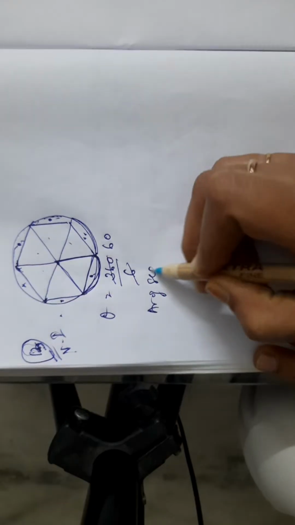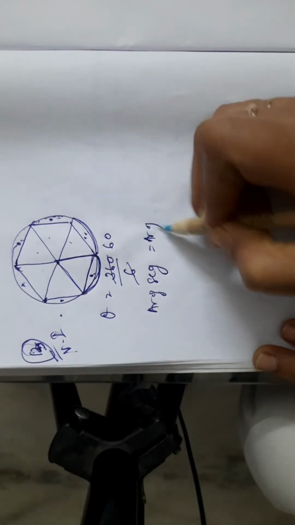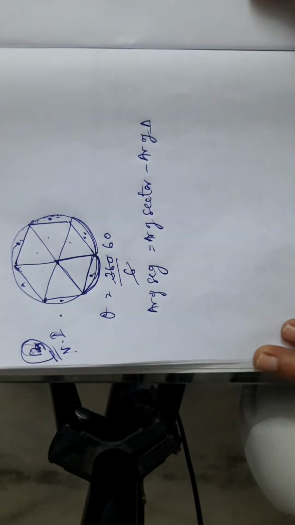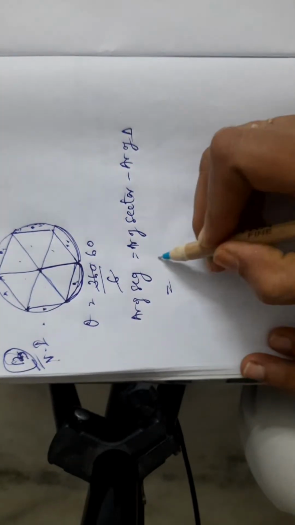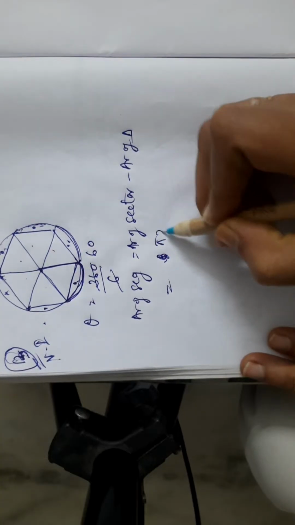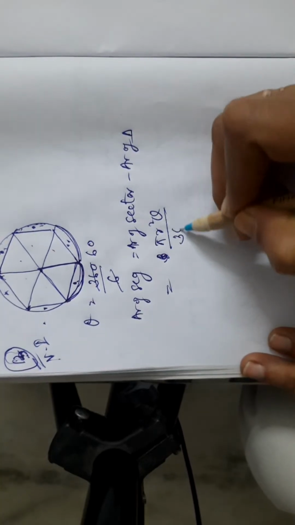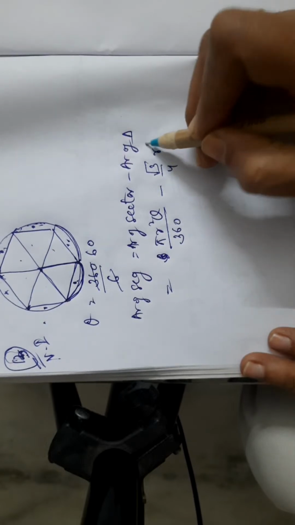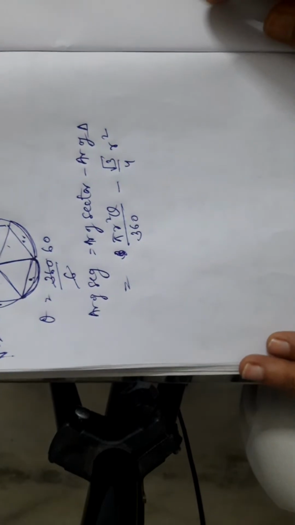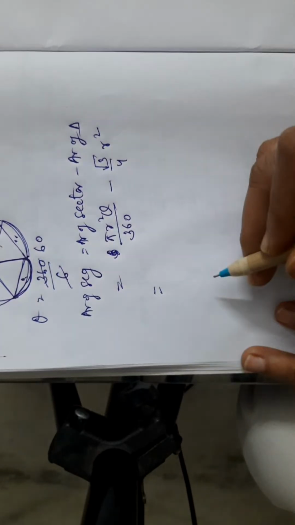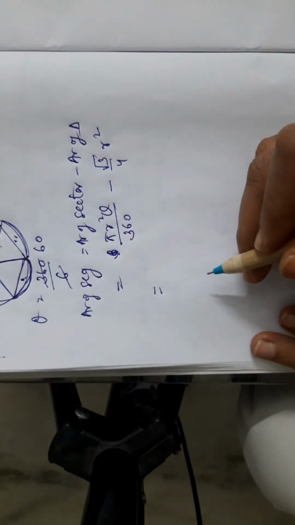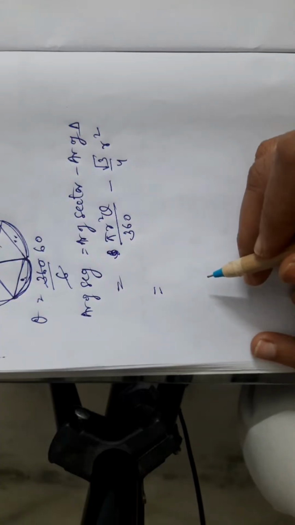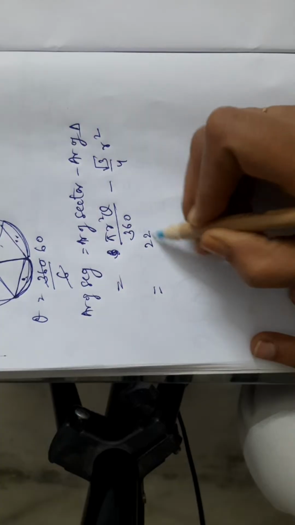Area of segment is area of sector minus area of triangle. Area of sector is pi r square theta upon 360. Area of triangle is root 3 by 4 r square, as it is 60. In this question, root 3 value is given and pi is not given, so we are going to take pi as 22 by 7.